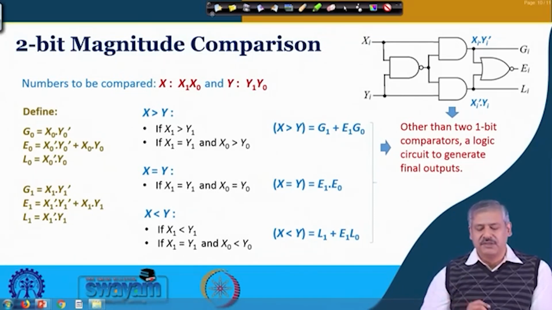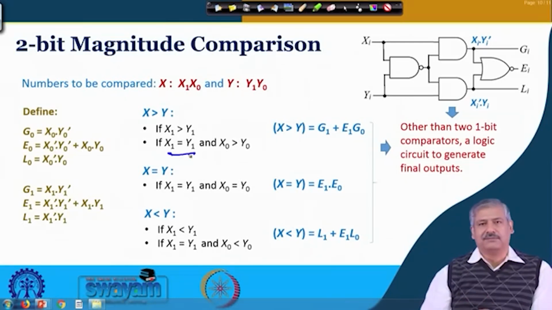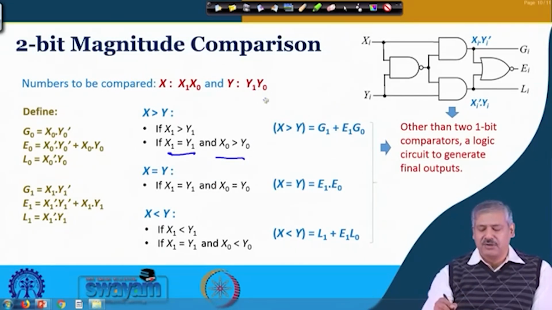Okay. So, in this case you do not need to worry about the other things. Okay. So, when x1 is equal to y1, that both of them are 0 or both of them are 1, then whether x is greater than y or not is decided by the x0 y0 comparison, right. So, it is at that time only that you look at it. So, this is the comparison of two numbers.